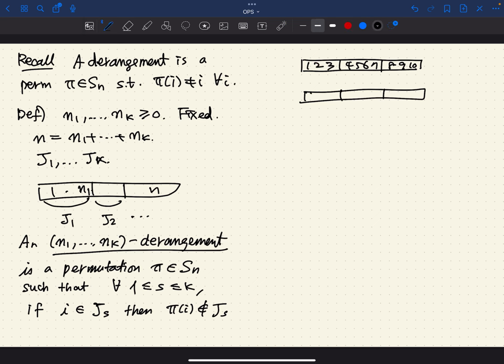If you connect things like this, it is a derangement. But if you have an edge like this, or even something like this, it's not a derangement. That's what an (n1, dot dot dot, nk)-derangement means.